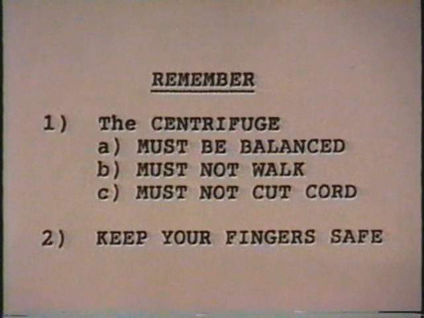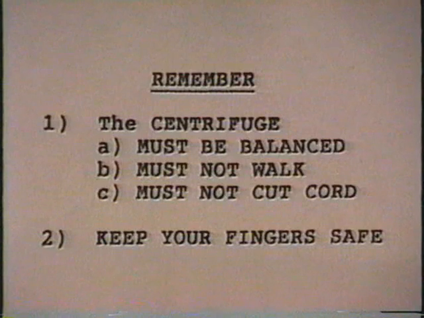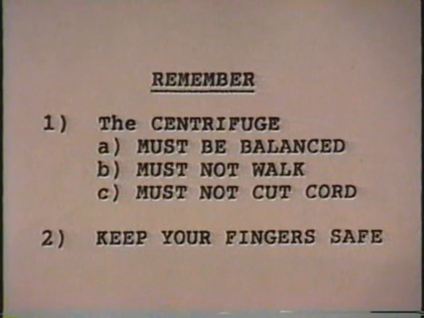In using the centrifuge, remember, make sure it's balanced before you turn it on, and then watch it when it's spinning so it doesn't tend to move around. And don't let the spinning head touch anything, particularly the electrical cord. You can cut it. And finally, watch your fingers.